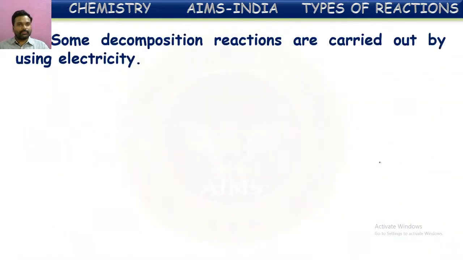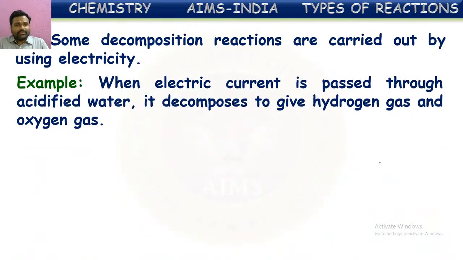Let us see one more example. Some decomposition reactions occur by passing electricity. The example they have given here: when electric current is passed through acidified water, it decomposes to give hydrogen gas and oxygen gas.